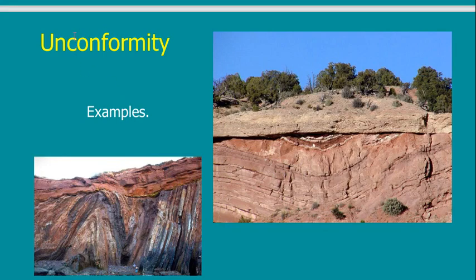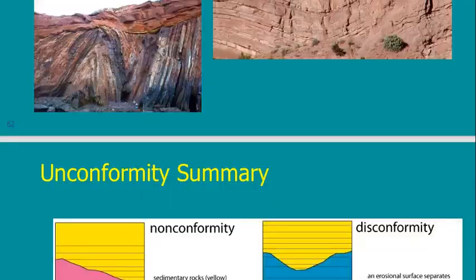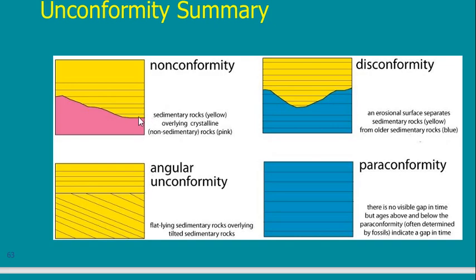This is examples for unconformity in nature. This is the unconformity line here. This is the unconformity line here also. And this is a summary for all types of unconformity. Unconformity has 4 types: nonconformity, angular unconformity, disconformity, paraconformity.